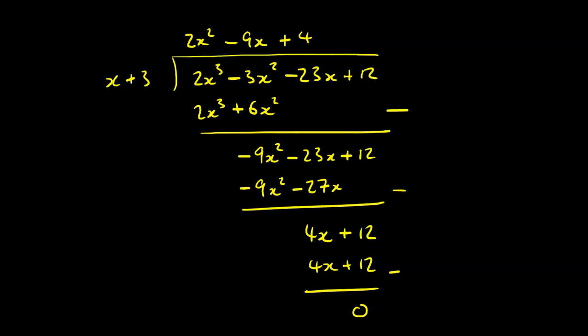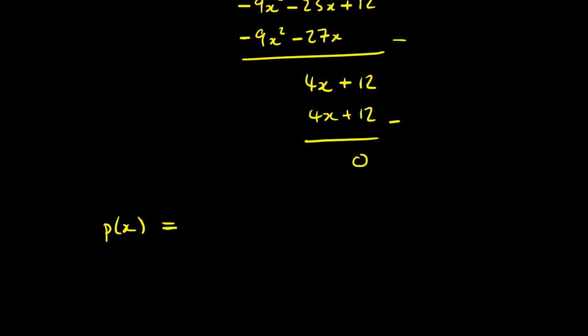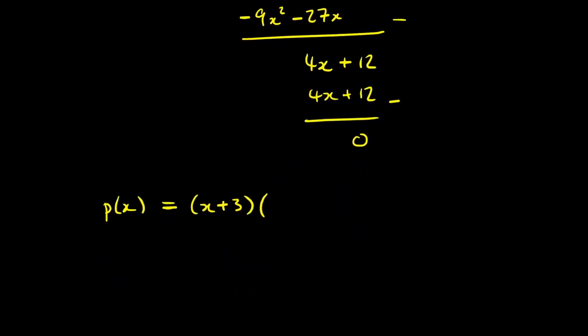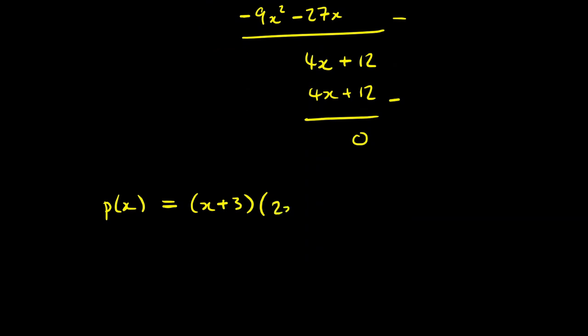So if I multiply both sides by x plus 3, this polynomial must be equal to x plus 3 times the quadratic. We're just rearranging, basically. So p of x is equal to x plus 3 times this whole quadratic, which was 2x squared minus 9x plus 4. All right then.